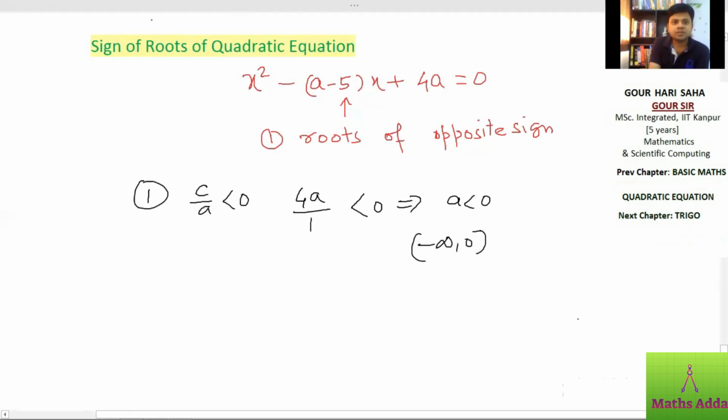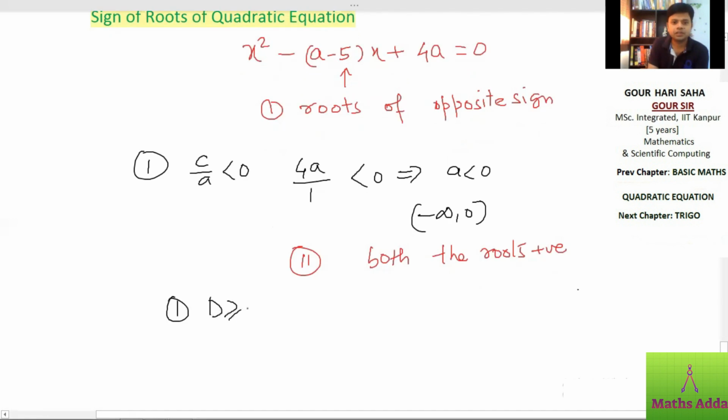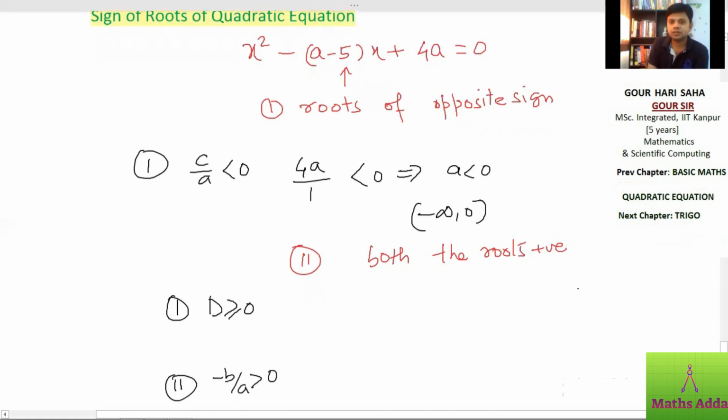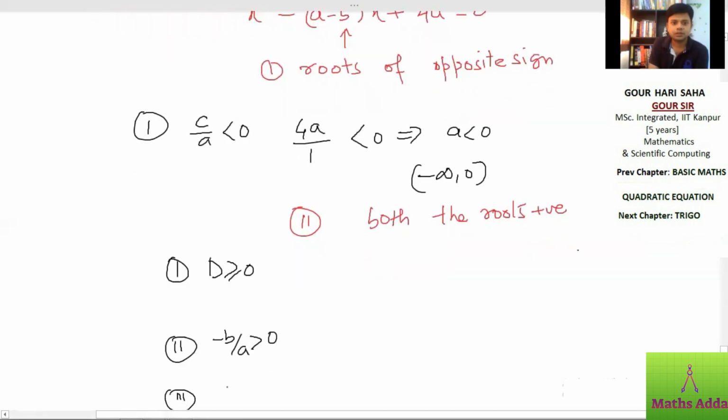The second part of the question is, both the roots are positive. How will we do it? Same way, we will write the condition and then simplify it. First condition is D is greater than or equal to 0. Second is minus b by a is positive. And third is c by a positive. So what is D here?